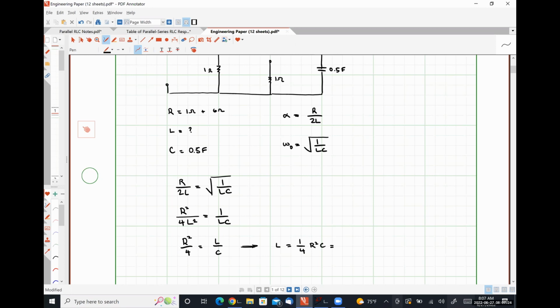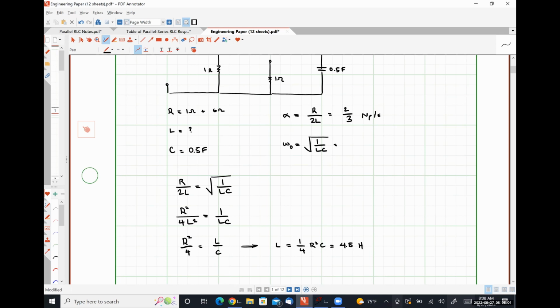So if I plug in my values, I have 0.25 times R, 6 ohms squared, times C, which is 1/2 of a farad. I find out that my inductor value needs to be 4.5 henries in order to make this circuit critically damped. Now I'll simply plug in my values. R over 2L, 6 over 2 times 4.5, is 2/3 radians per second.